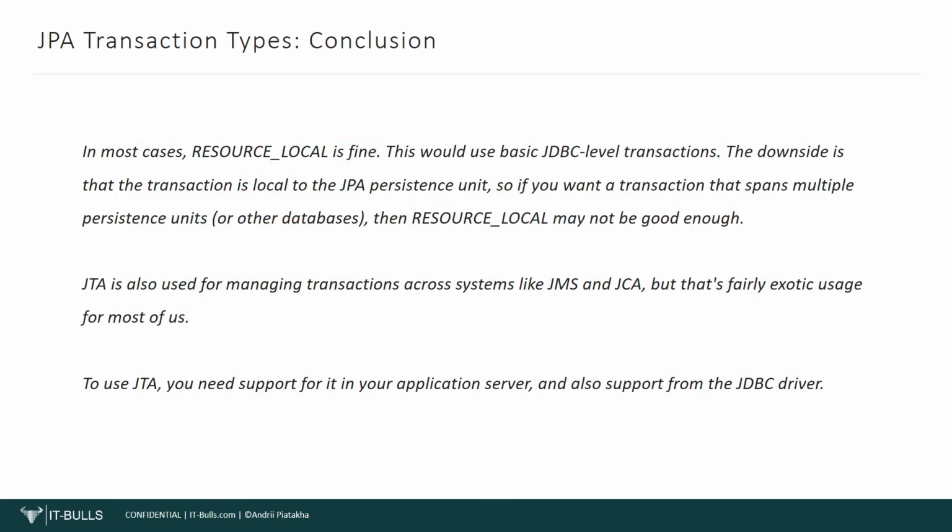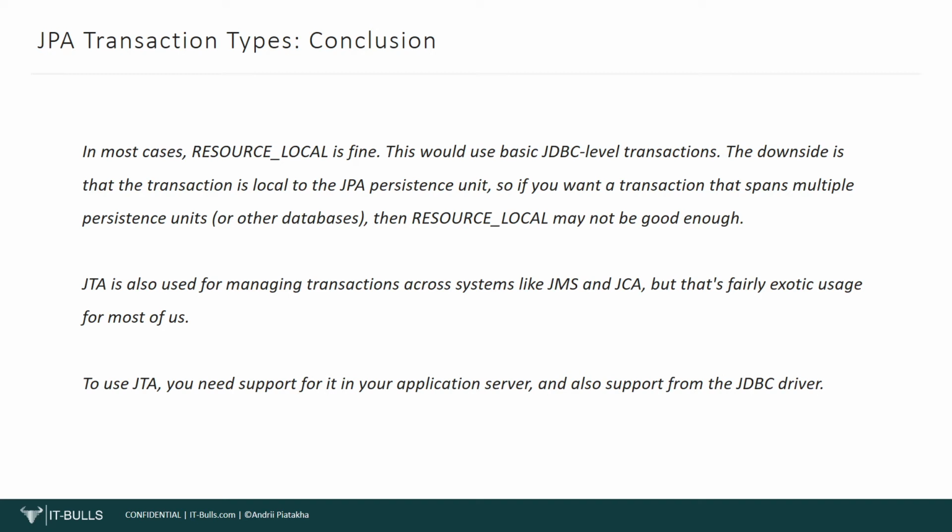So, what would be the conclusion? In most cases, resource local is fine. This would use basic JDBC level transactions. The downside is that the transaction is local to the JPA persistence unit. So, if you want a transaction that spans multiple persistence units or other databases, then resource local may not be good enough.